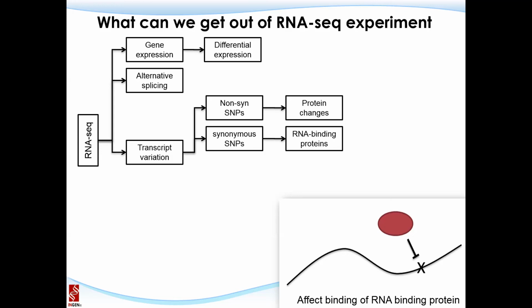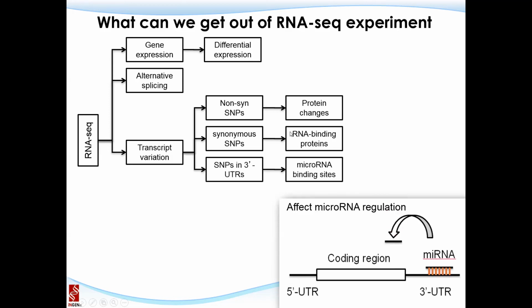But actually, they may impact RNA binding protein binding and change the splicing regulation. Those are things that we will go through as well. The third level is if some of these SNPs are located in the 3' UTR regions of the gene, they can readily interfere with microRNA targeting and, coming back, impact the gene expression through RNA degradation.